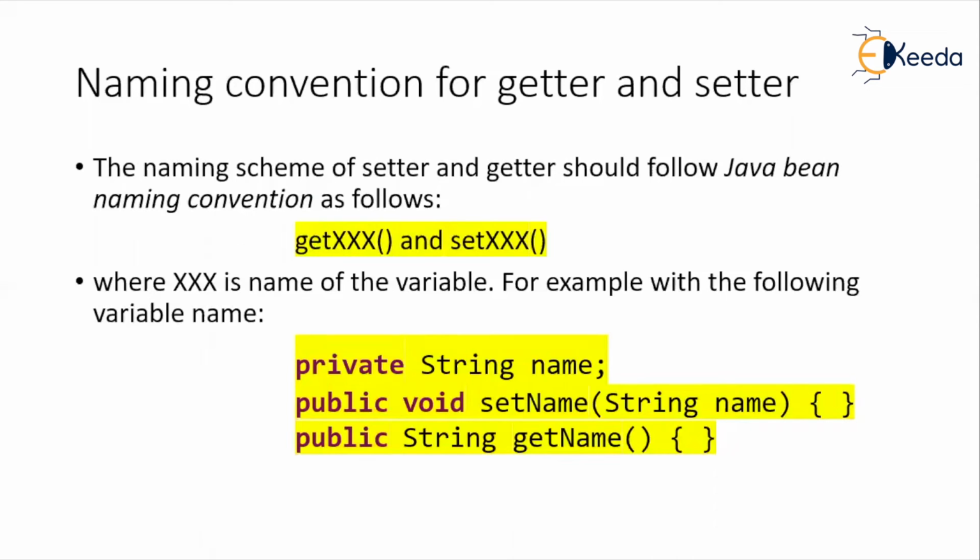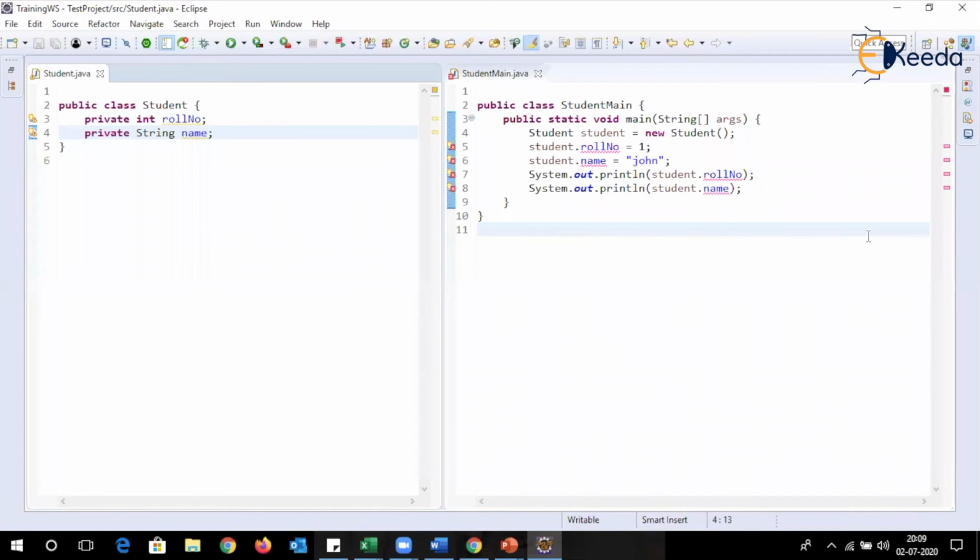So here is one example, a variable name which is of type string and declared as private. Setter and getter methods will be there: setter to set the value and getter to retrieve the value. Let's now see how we can add setters and getters for these variables.